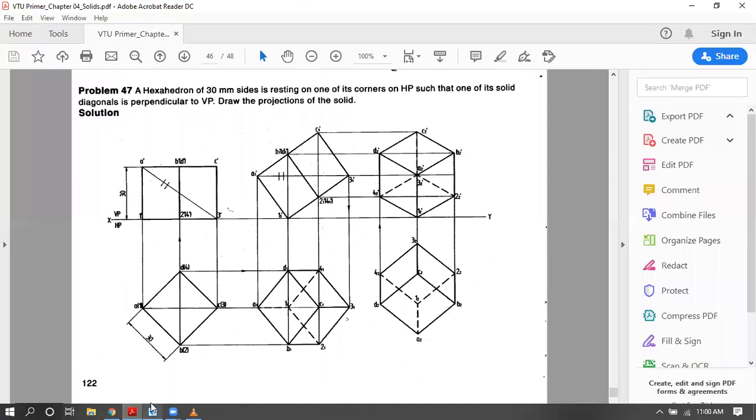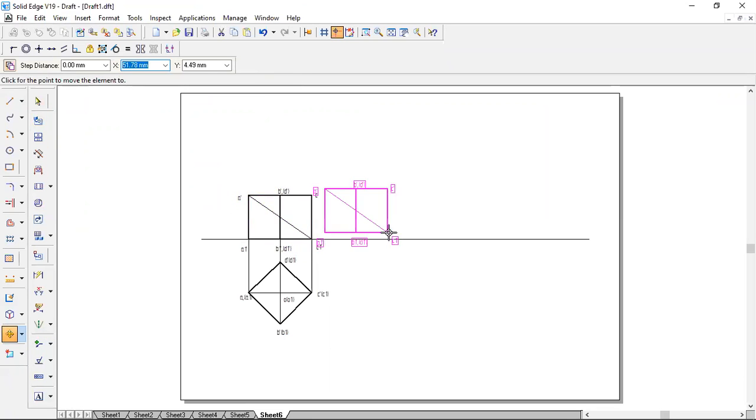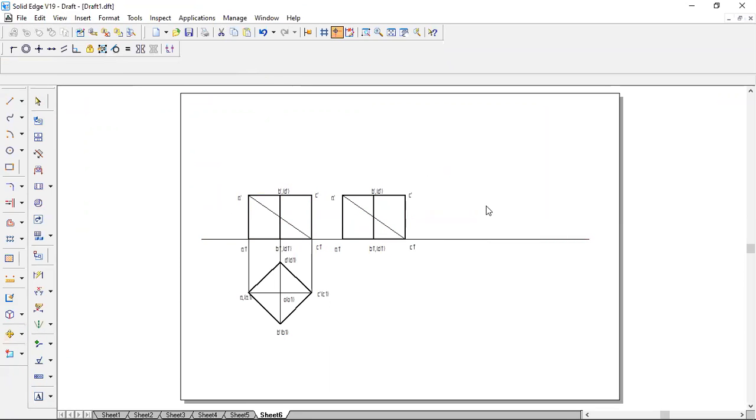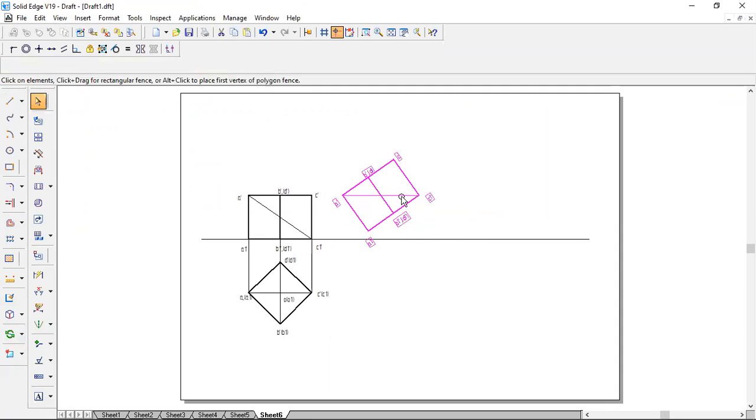So in the second position, first I make it parallel. In order to make it parallel, this line has to be moved. Move with copy, then rotate such that this diagonal line is parallel. Once you rotate, it is parallel, but it has to rest on one of its corners.